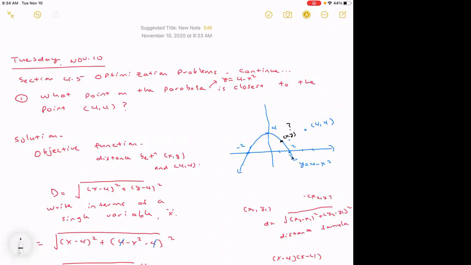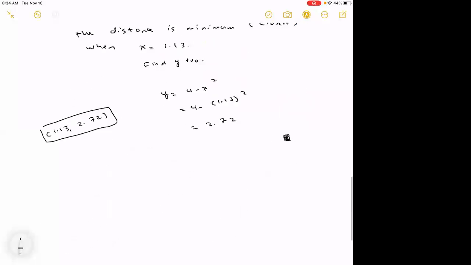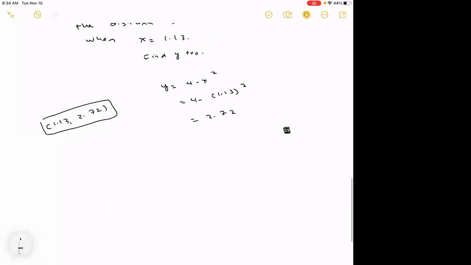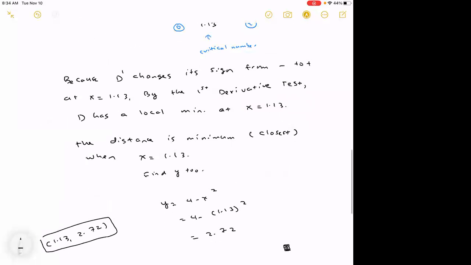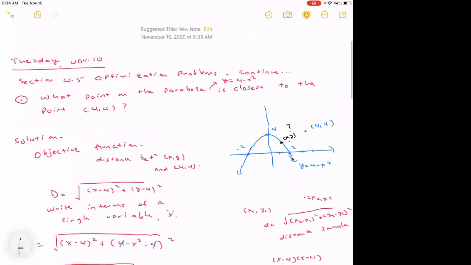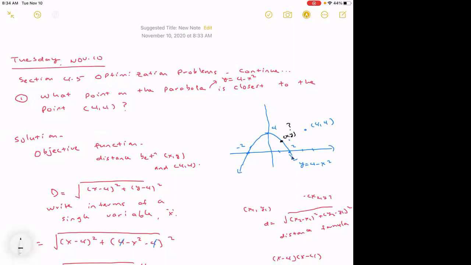If we were going to maximize it, what would we do? So we minimize. We are asked to find the point on the parabola that is closest to the point (4, 4). We just found that.